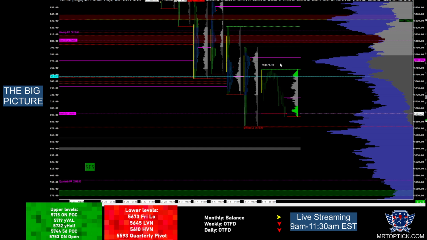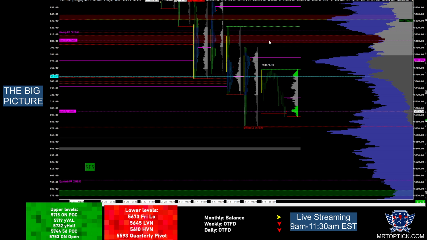So if that's the case, then I'm looking for a value area sweep towards the upper targets, which are posted there, but basically sweeping through value, right? First targets are the close and the settlement from Friday, the point of control, and then eventually value area high. If we do not get above value area high and we stay inside, then we might just stay rotational.